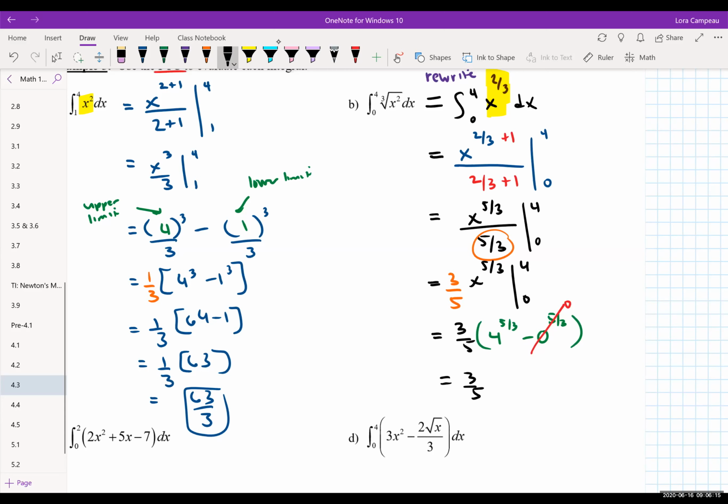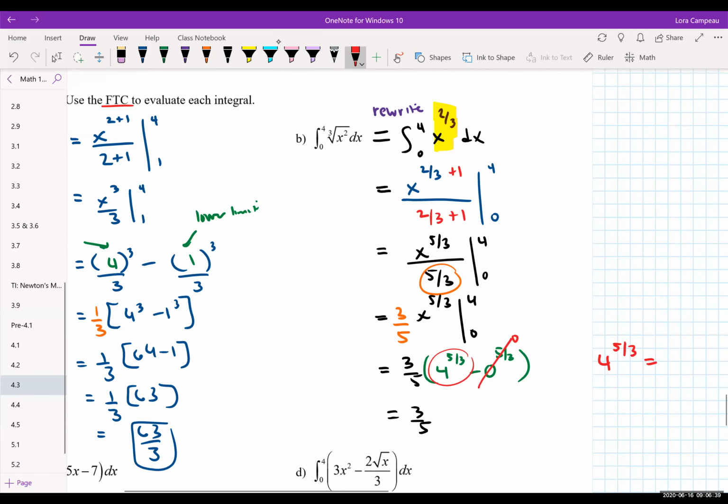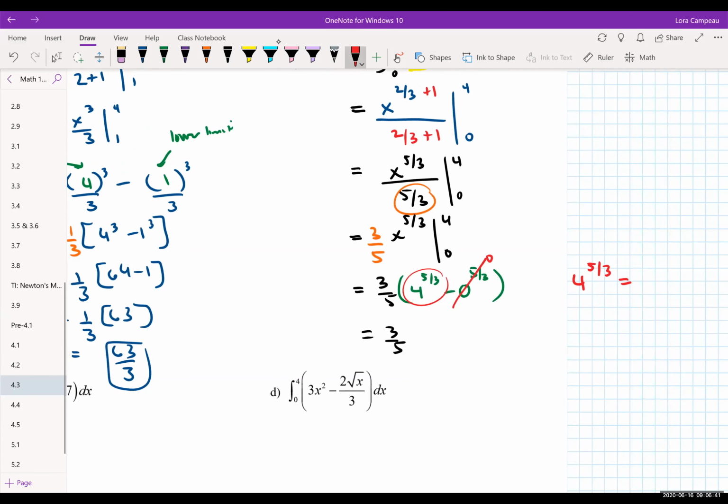And sometimes, I mean, this is kind of up to you. We're trying to get radicals. Sometimes we end up having to find actual values, and it depends on what our calculator is telling us, but we could take this 4 to the 5/3 part off to the side. If it started with a radical, maybe they want it to end with a radical. So what is that? A cube root of 4 to the 5th.